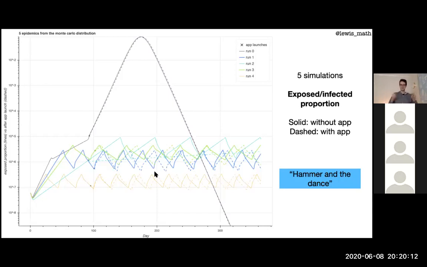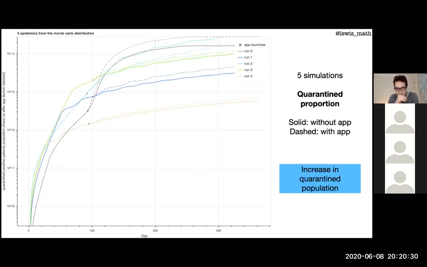This is the hammer and the dance that people were talking about six weeks ago, which has turned out to not be incredibly realistic in Australia, but it's the sort of complex dynamics you can get out of this pretty simple model, with some sneaky little tweaks to it.